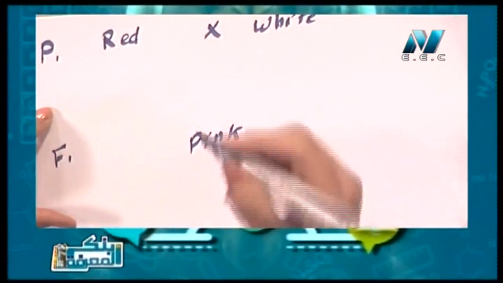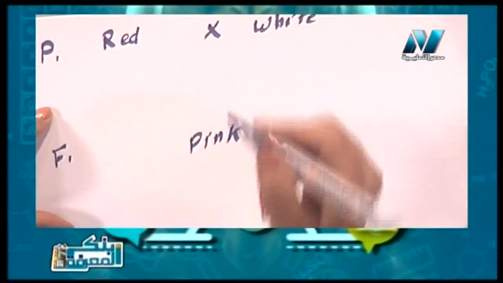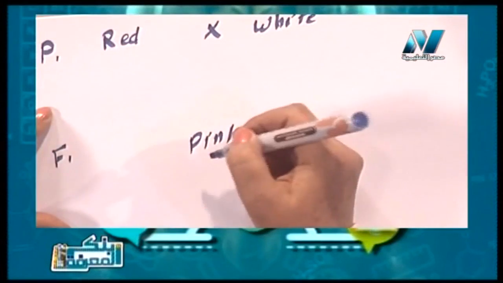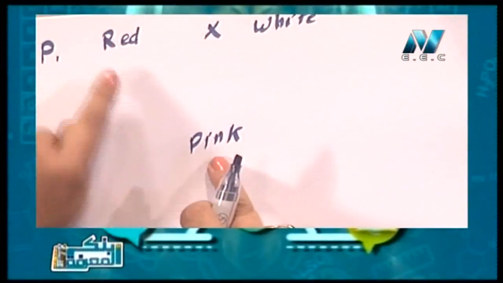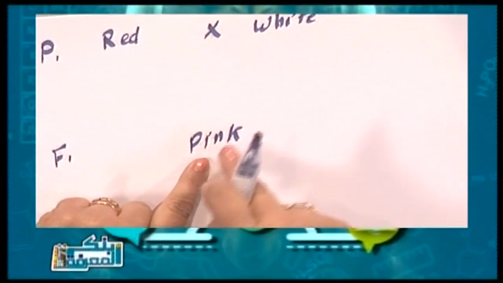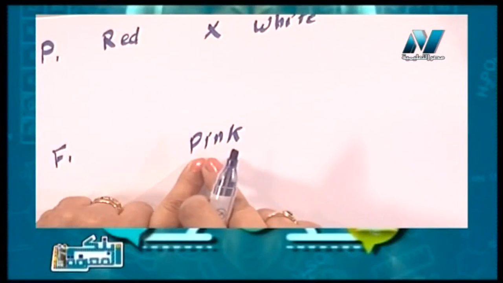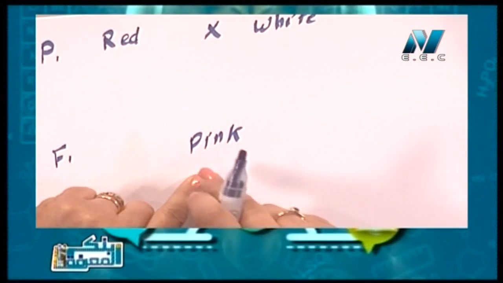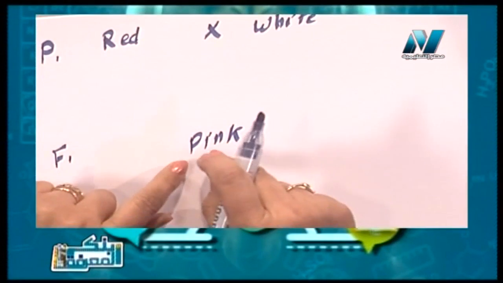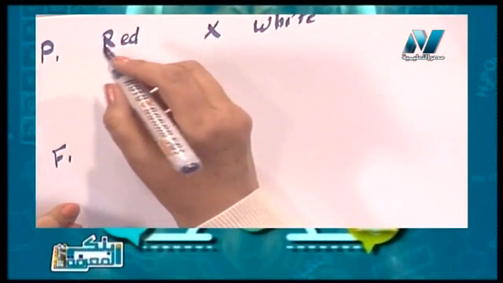So what do you think? How can we represent these characters with letters? In this case, the pink flowers have the gene of red and the gene of white color. But in the first generation, the individuals are not either red or white, so we have to represent each one with letters.